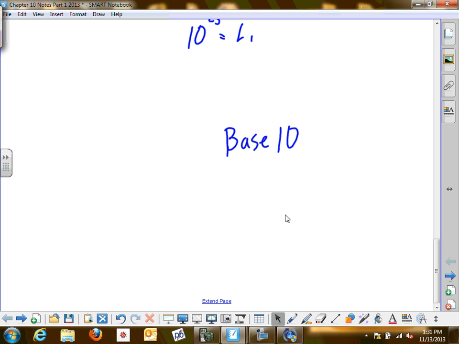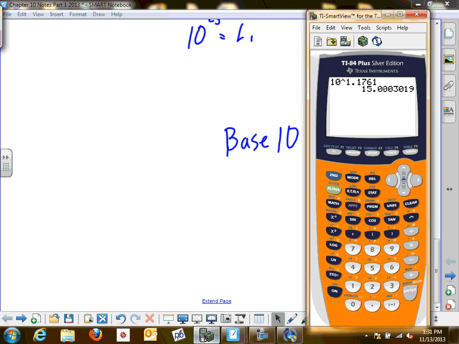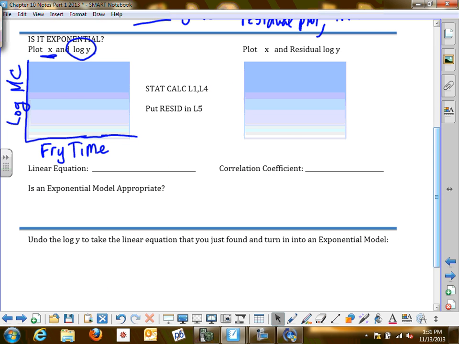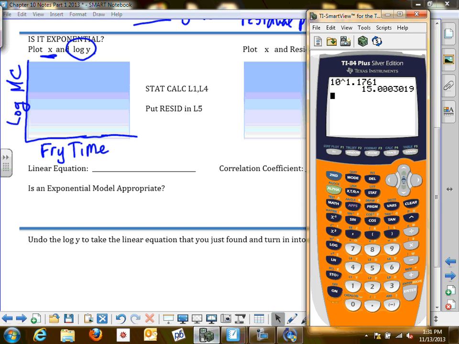All right, so that's what's happening. Okay, now let's go ahead and do this graphing stuff. Ready? We want to graph. What do we want to look at a picture of? L1 is my x's, which is the fry time. And what am I going to look at on the y-axis? What list? L4 is the log of y's. So we want to look at L1 and L4.